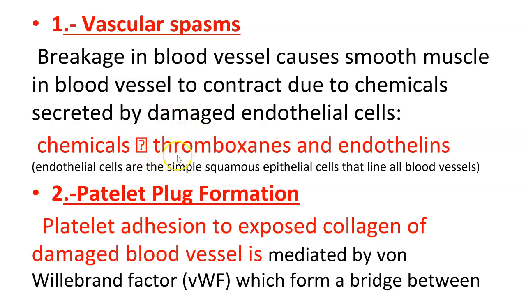The chemicals are things such as thromboxanes and endothelins. Remember that blood vessels are lined on the inside by one layer of simple squamous epithelial tissue, which is what we call the endothelium or the endothelial cells of the blood vessel.